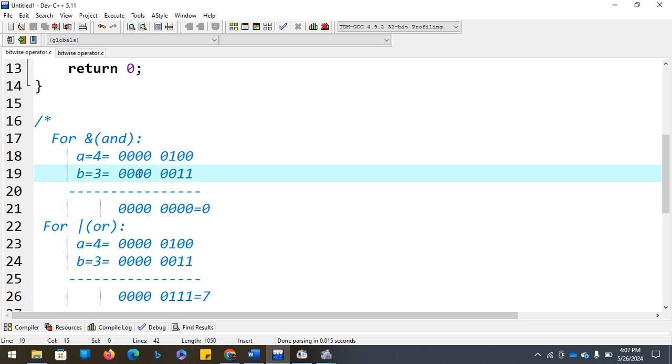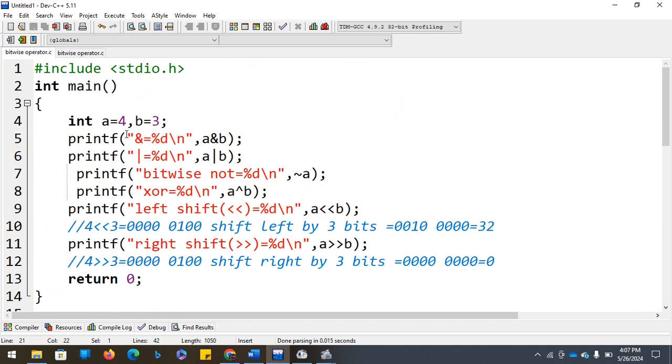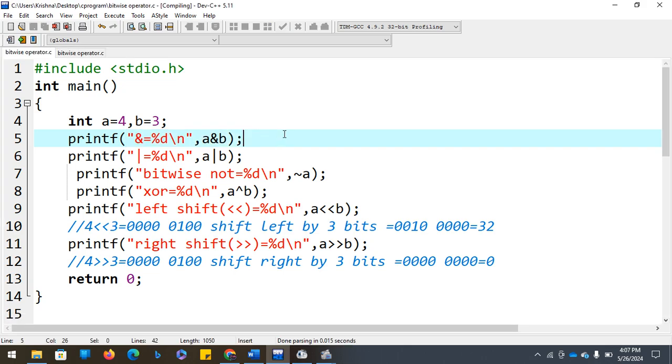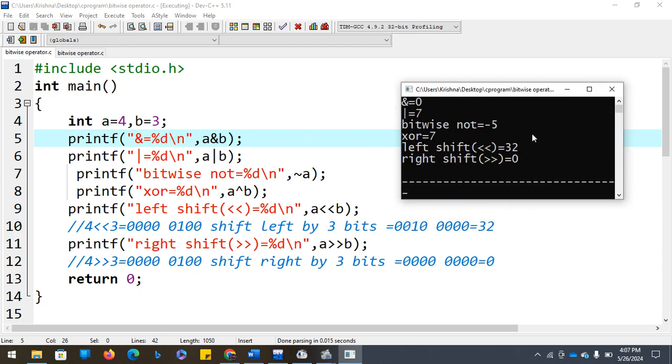Similarly all 0s. After that multiplication, it is converted into decimal, and we get 0. So the output will be 0 for this one. Let's run it. Look here, so here is 0. It's very simple. This is called multiplication using bits.